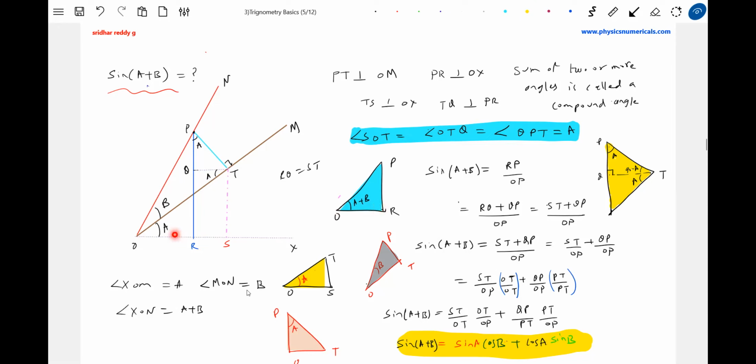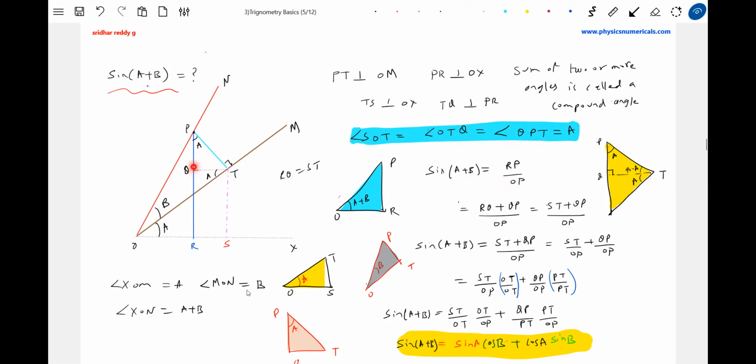So I have got a triangle here, ORP. Look at this triangle ORP. Sine of A plus B is RP by OP, opposite by hypotenuse. What is RP? RP is here. Can we break up this RP as RQ plus QP, and OP as it is?